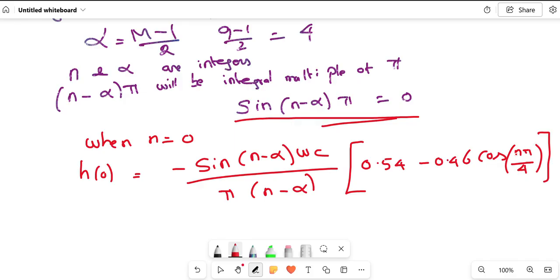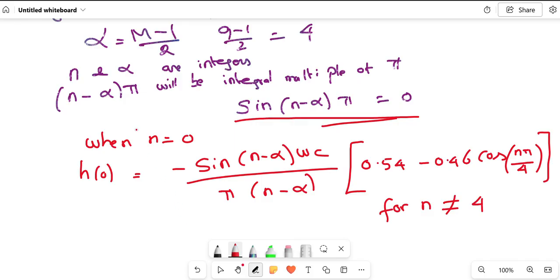M minus 1 is 8, so 2 by 8 will be 4, so n pi by 4. This is for n not equal to alpha, which means n is not equal to 4.